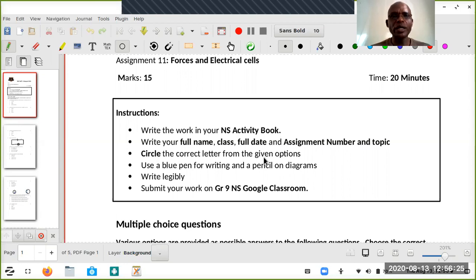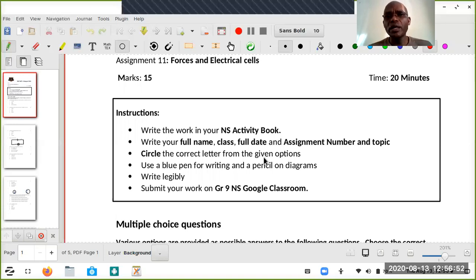If you submit your work on the grade 9 Google Classroom, it's going to be very easy. We'll be having your history there. All the papers that you were assigned to do will be shown, and all the work that you submitted is also captured and stored there under the history part, right?